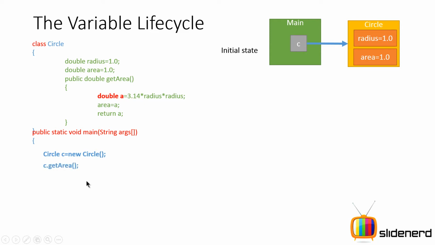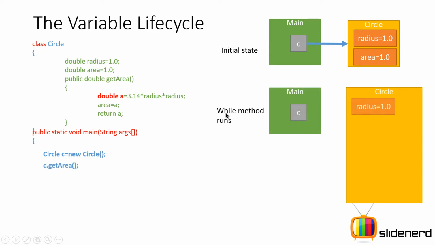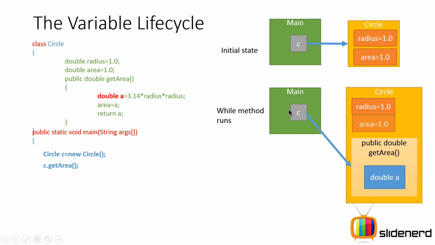In the next step, when we say c.getArea(), what happens when the method runs? On the left-hand side, things remain the same. On the right-hand side, the radius is 1.0 and area is 1.0, but this time the method is running here, which is our double getArea. That means this temporary variable double a has come into existence as long as this method runs.